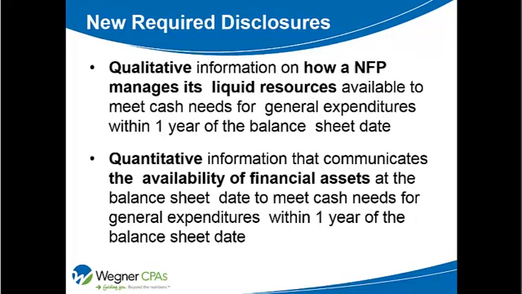We have X amount of accounts receivable or pledges receivable that we expect to receive in the next year that we could use to pay this off. We have X amount of short-term investments that we could cash in to pay for our general expenditures in the next year. So there's two key pieces, again, the qualitative piece and the quantitative piece.